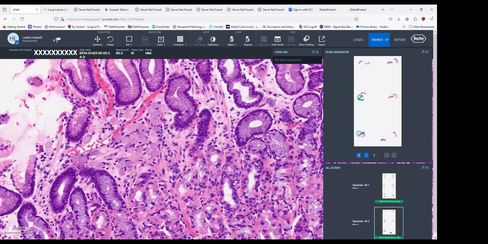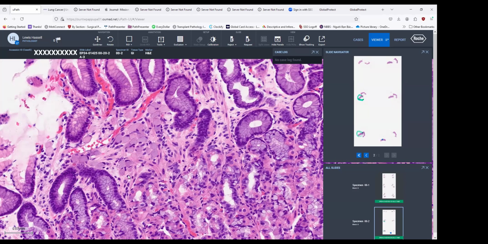So I'm sure you're wondering, how would you sign this out? How was it signed out? Well, this case actually came to my attention, not because it was my case, and I was sobered by that because I'm not sure that I would have seen this. It came to my attention because the patient came for follow-up and had a repeat sampling.